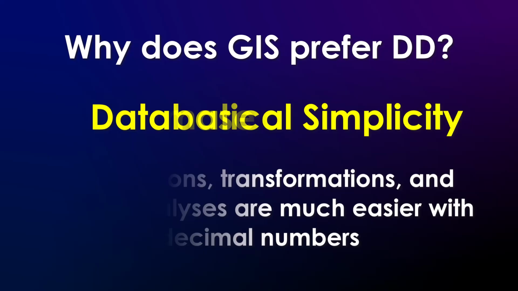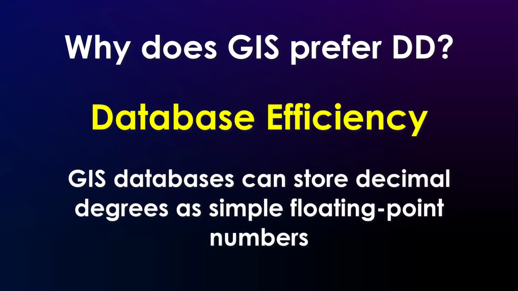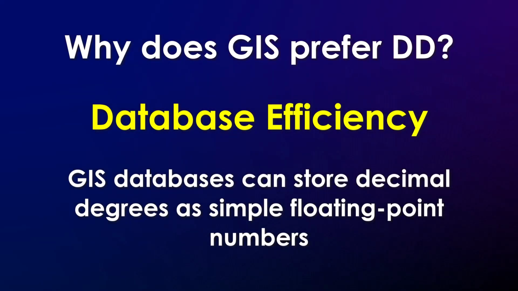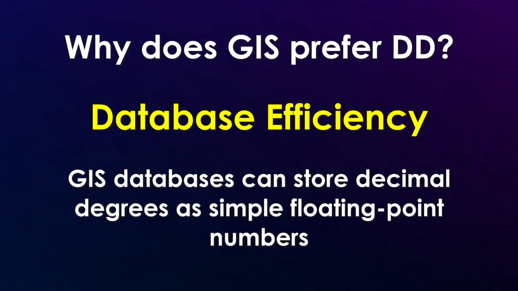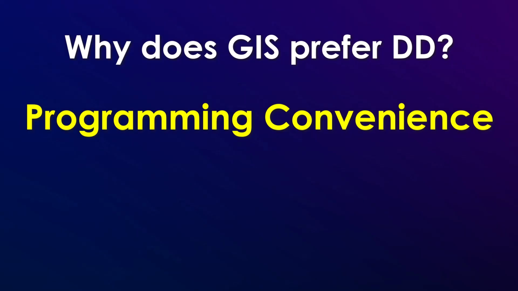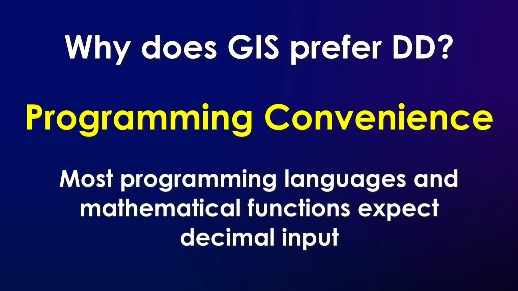The second reason is database efficiency. GIS databases can store decimal degrees as simple floating point numbers, which require less storage space and enable faster queries compared to storing 3 separate fields for degrees, minutes, and seconds. The third reason is programming convenience. Most programming languages and mathematical functions expect decimal input.